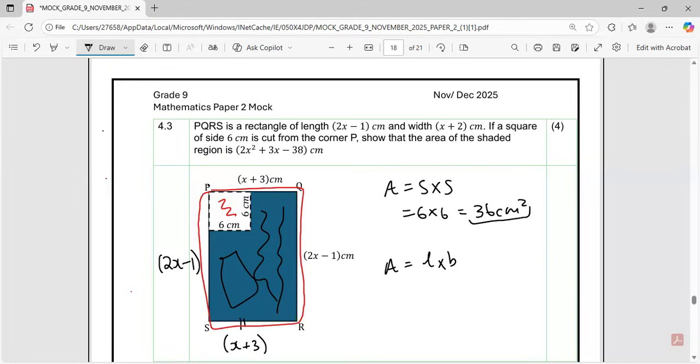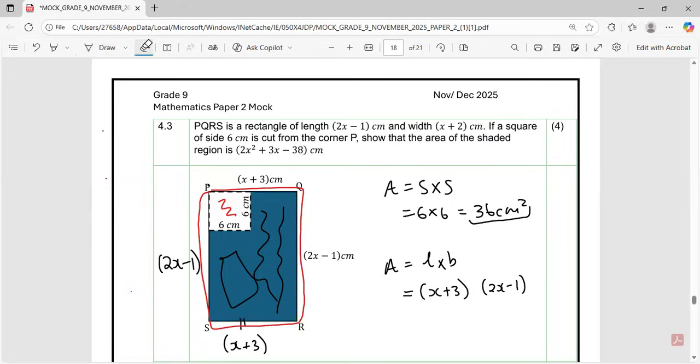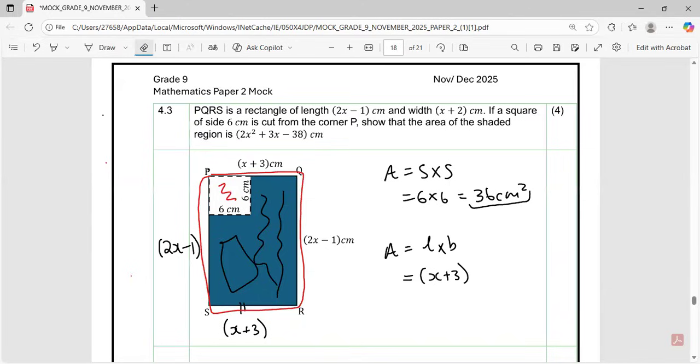Our length in this case is x plus 3, and we're going to multiply it by 2x minus 1. Remember, this is a binomial times a binomial.